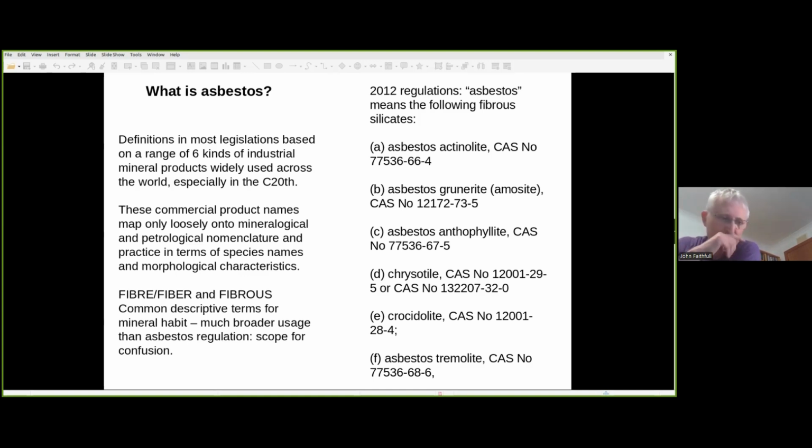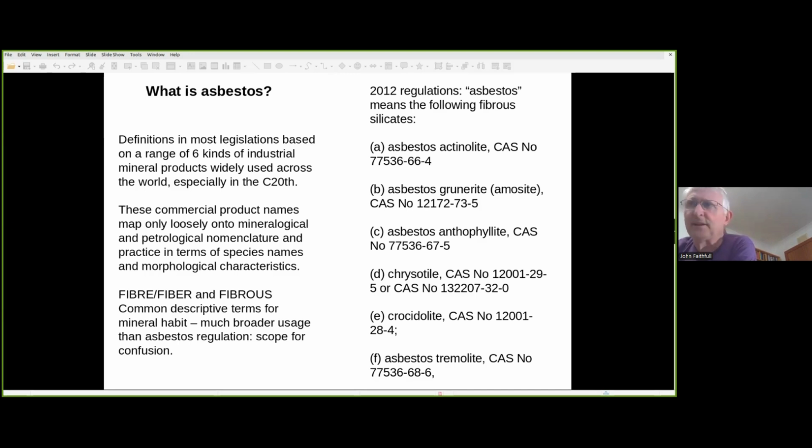There may be other minerals which are also a problem, which are not covered by legislation. One particular one, which some people may have heard of, is a zeolite mineral called erionite, which occurs in various geological settings. It occurs in tiny amounts in specimen-type zeolites in basalts, including in Skye and other places.